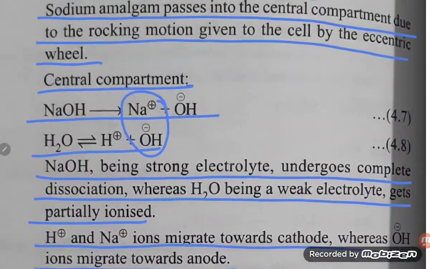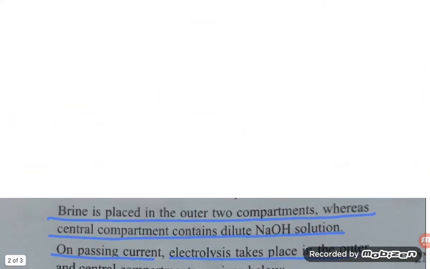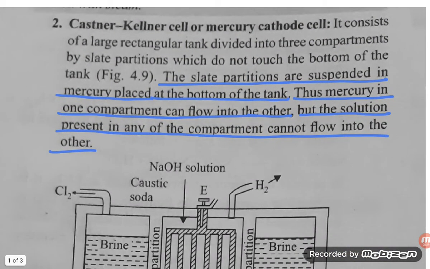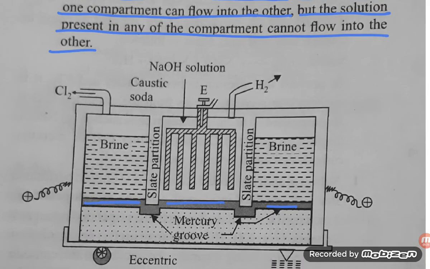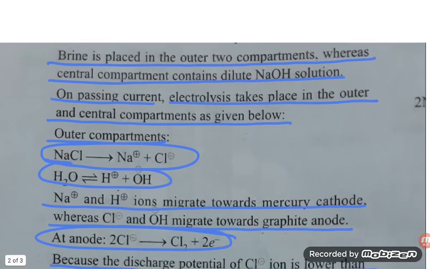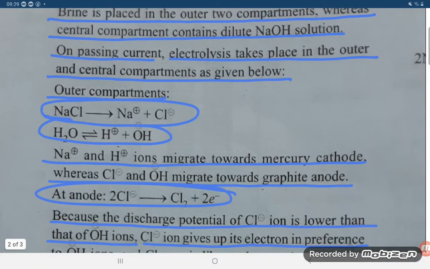So this is all about the Castner-Kellner cell, student. There are compartments with mercury, and at the anode there is an oxidation reaction where 2Cl- is converted into Cl2, and at the cathode reduction takes place. The electrolyte we are taking is the brine solution.